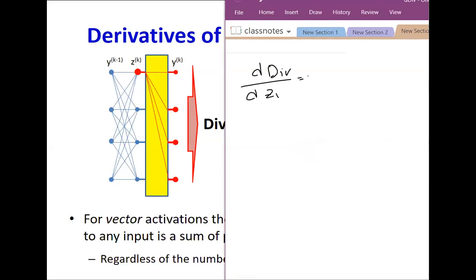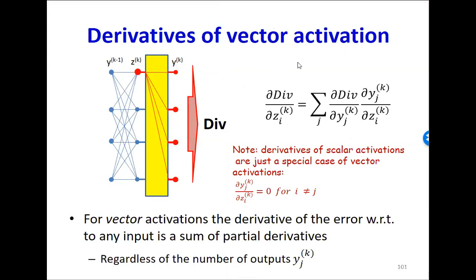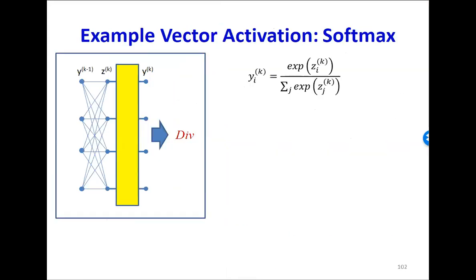I think it will become the summation of partial derivative on partial Y. Yeah, it's going to be the derivative of the divergence with respect to Y times partial Y partial Z, summed over i. Exactly, correct? So here you actually have to begin worrying about the influences of all of these guys on the Z.